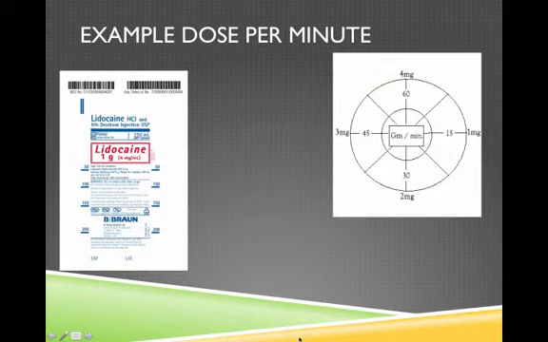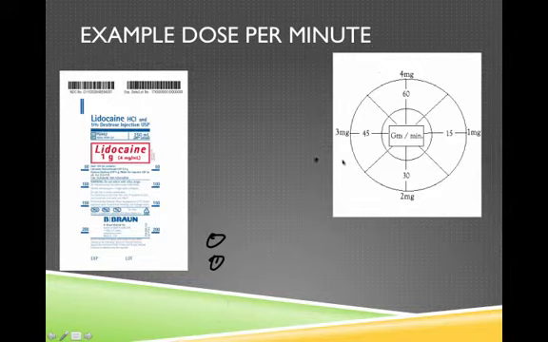Alright, let me explain the clock method before we get too far into this. The clock method is a way of doing the same thing we did in that linear model. Whenever we're looking at the dopamine, 0 drops equals 0 amount of medication.